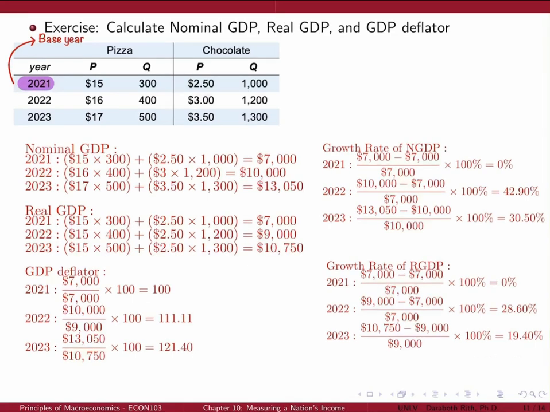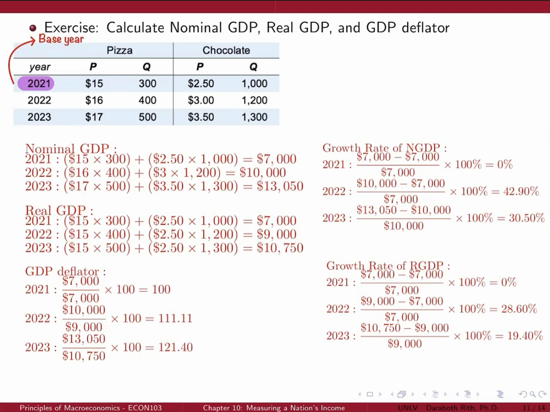So the nominal GDP for 2021, 2022, and 2023 are $7,000, $10,000, and $13,050 respectively.